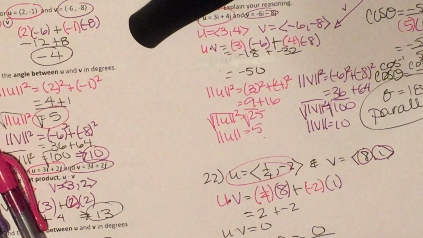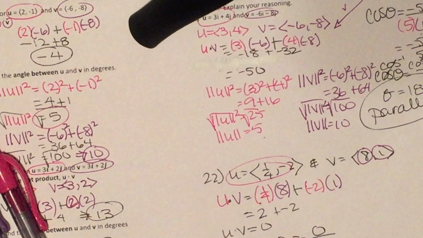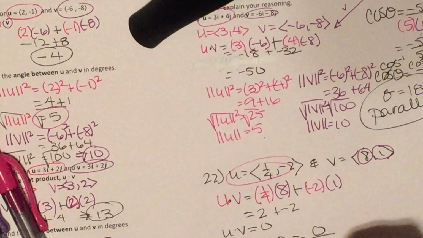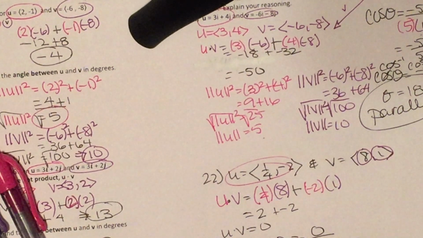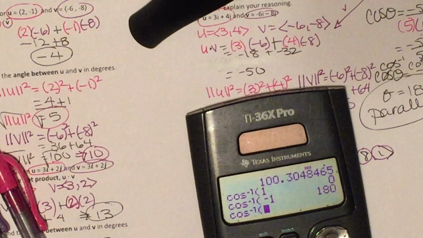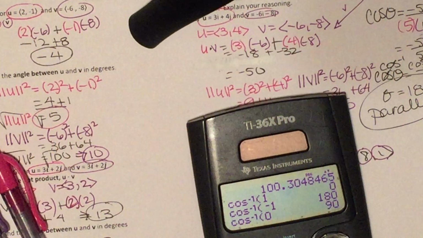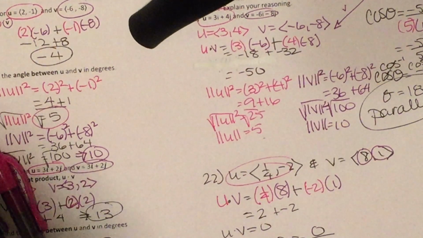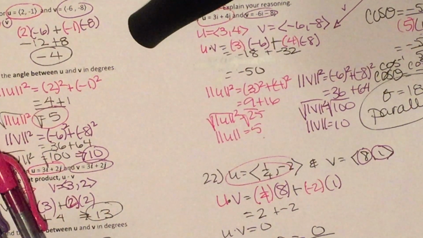So cosine theta is equal to 0 at 90. I know that from the unit circle from last semester, but if you don't believe me, cosine inverse both sides. And you're going to get theta equals 90. And 90 is perpendicular.